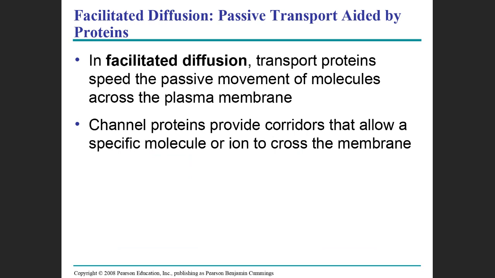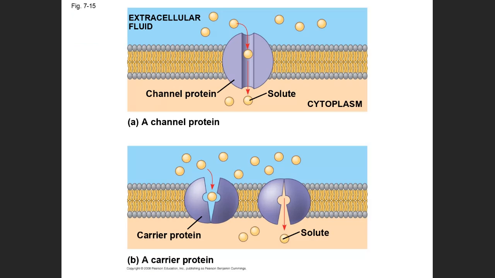So now we're going to talk about how cells can move things back and forth through the membrane. And so we have facilitated diffusion in terms of passive diffusion, right? Those channel proteins or the carrier proteins. So this is passive.